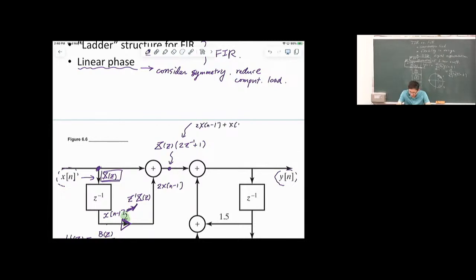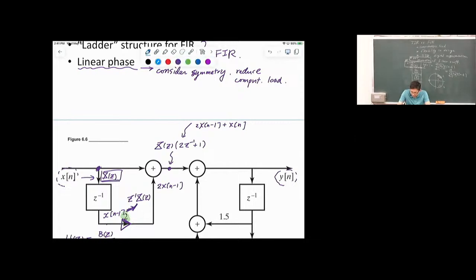This x of n directly feeds all the way to the summation, and it shows up right here. Okay, is that simple? It's really simple.